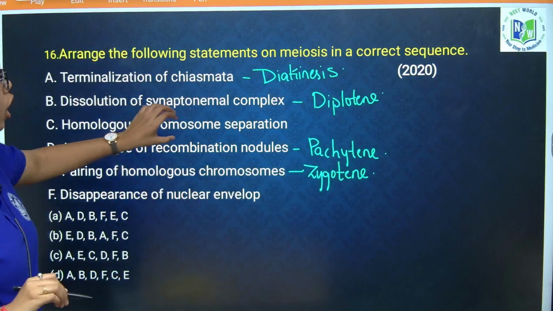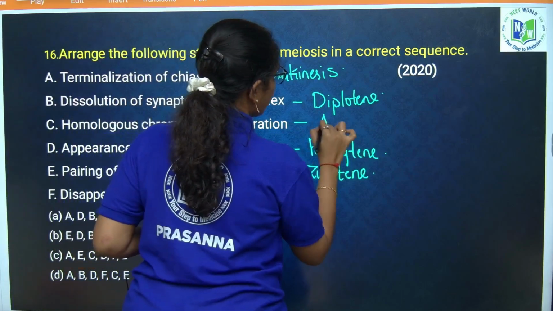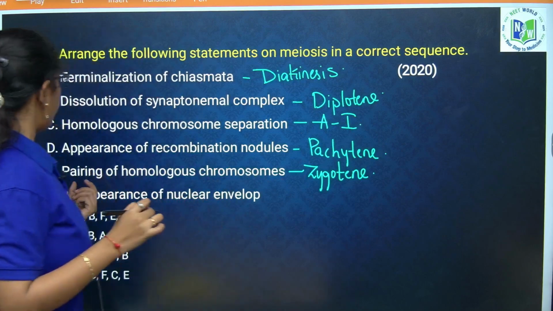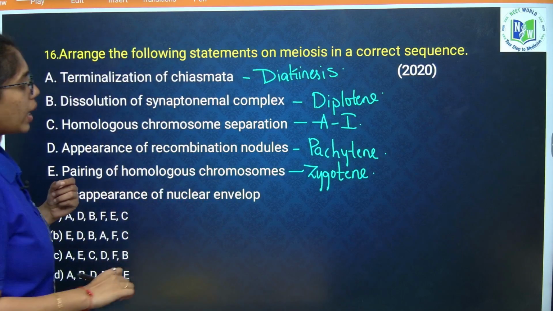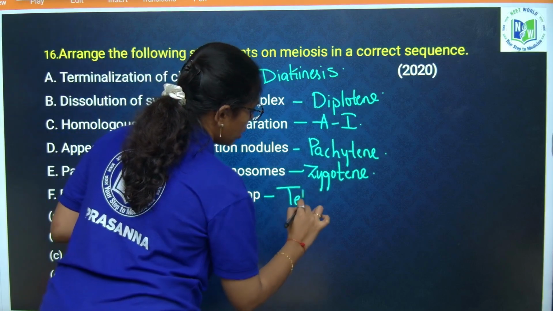Next, homologous chromosome separation, anaphase 1. Lastly, disappearance of nuclear envelope, in telophase.